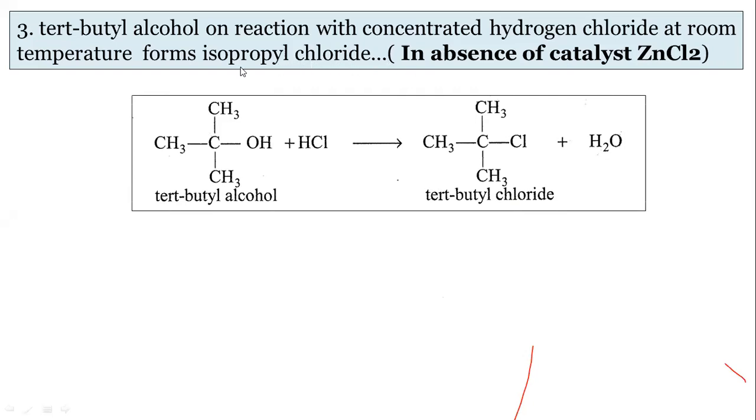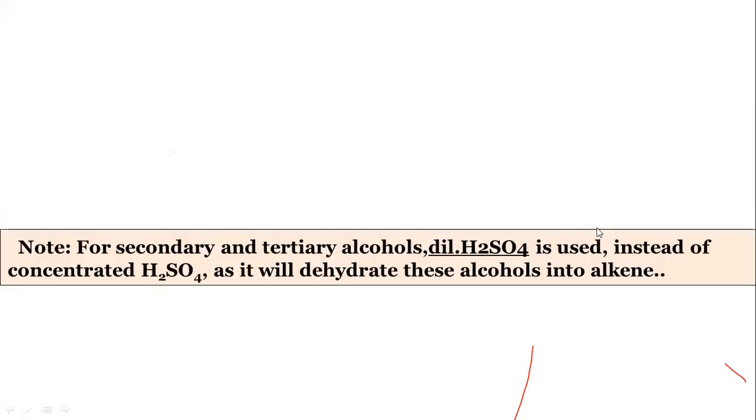Sorry, this is a printing mistake. Tertiary butyl alcohol gives tertiary butyl chloride. The OH is replaced with Cl in presence of concentrated HCl only, in absence of ZnCl2.